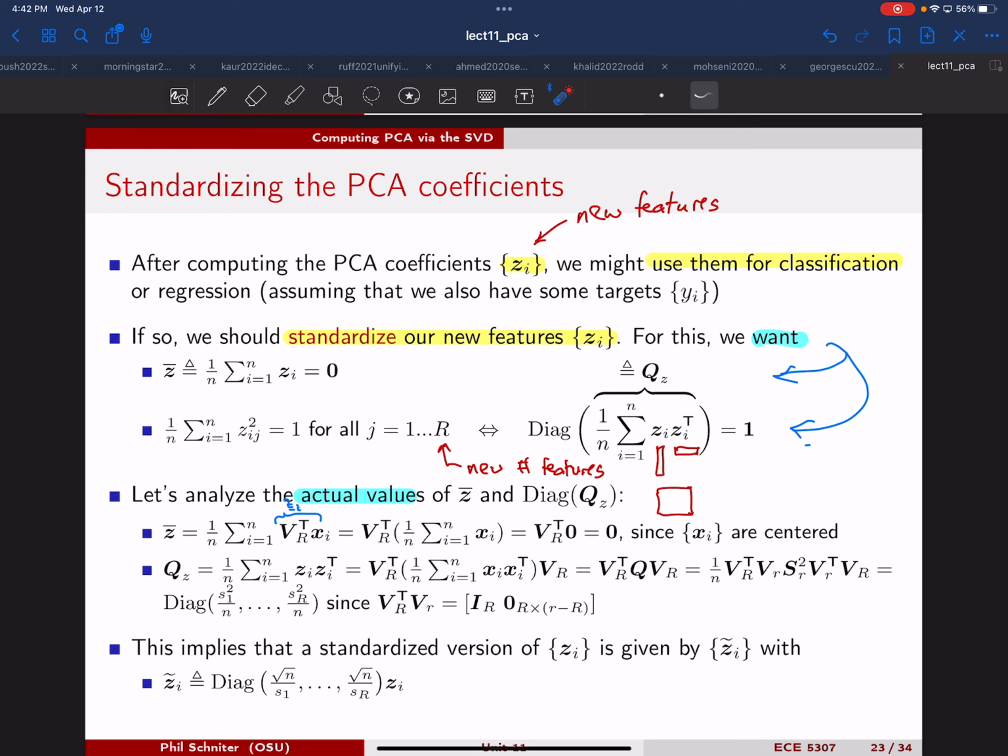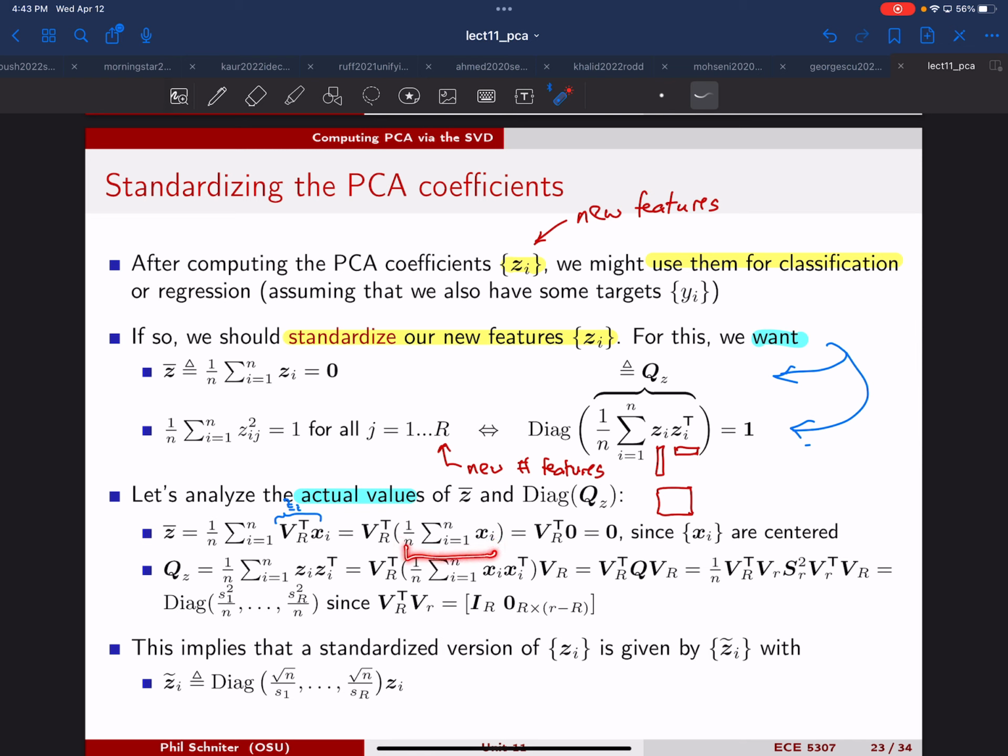Now we can simplify this a little bit. Let's take this matrix multiplication and slide it out of the sum. Now the sum is applying to xi. But what is the sample average of the xi's? It's 0, because we said from the very beginning that we already subtracted the mean. So the sample mean is 0.